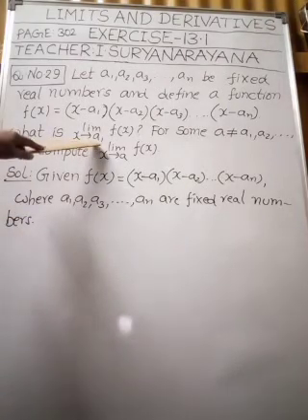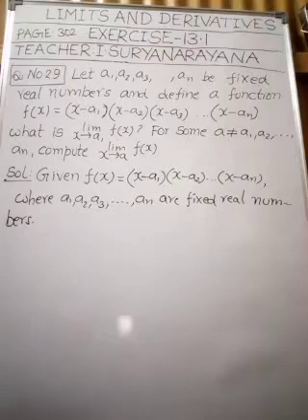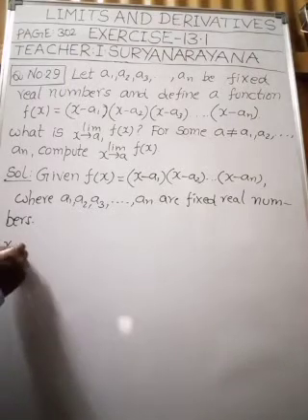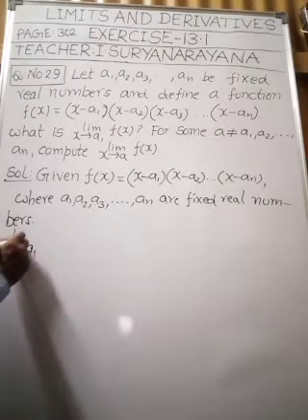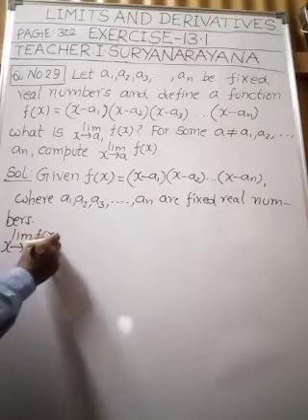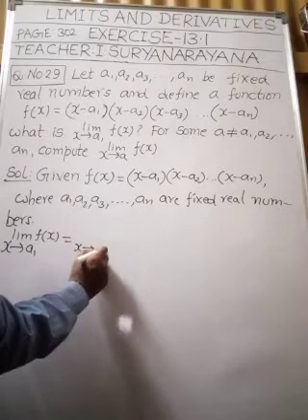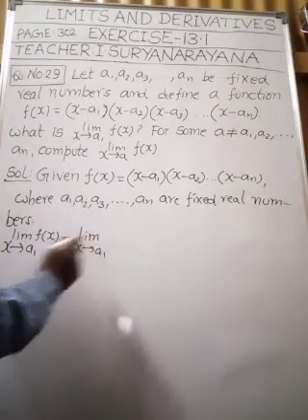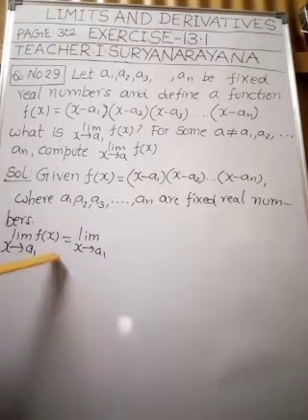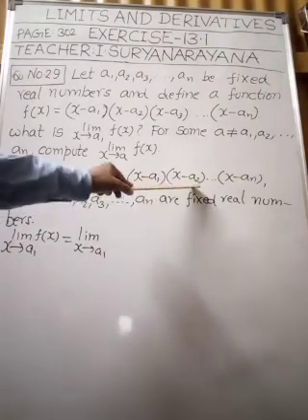As x extends to a1, limit of f of x. Okay, my children. Limit of f of x as x approaches a1, limit of, what is f of x here? This is the given f of x.